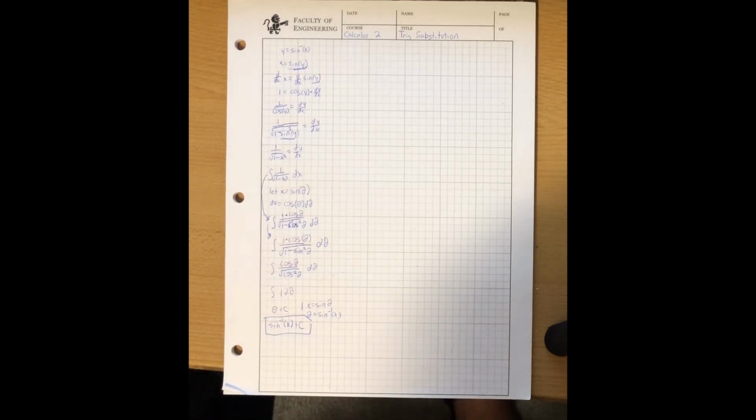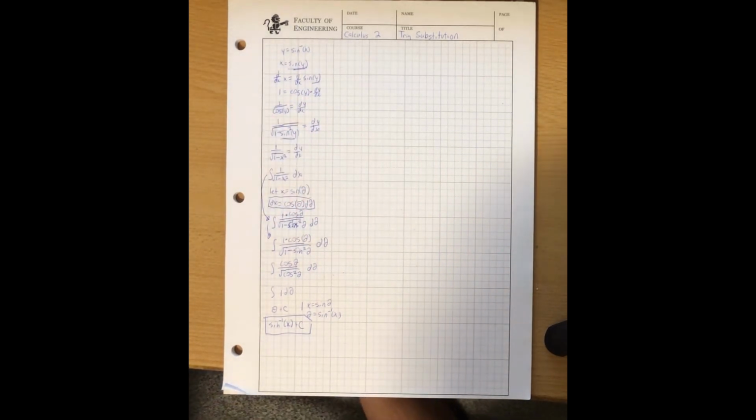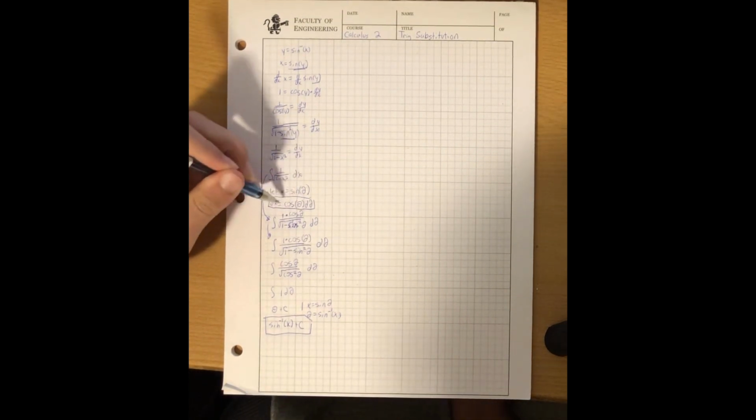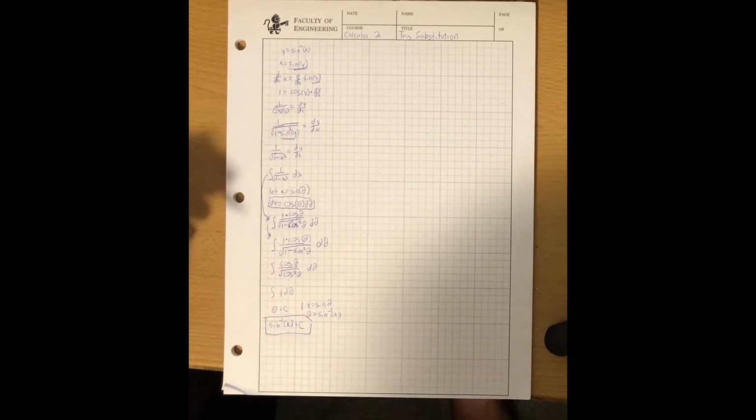It makes sense because all we're doing is reversing that process. The only big difference is that with the chain rule, the u-substitution, or in this case trigonometric substitution, we then have to add dx equals cos theta d theta to the integrand.